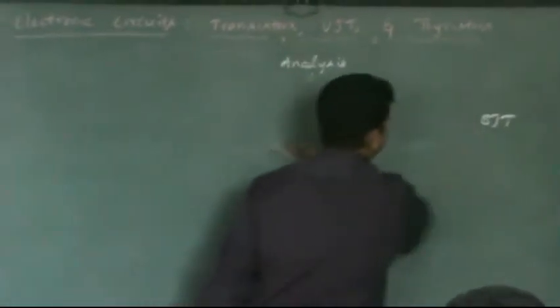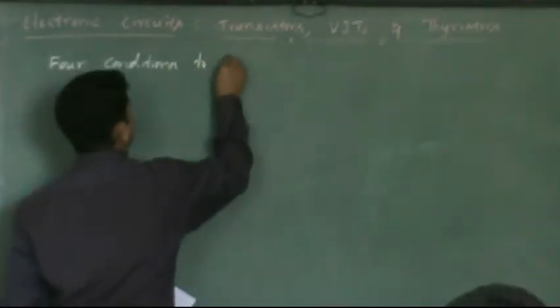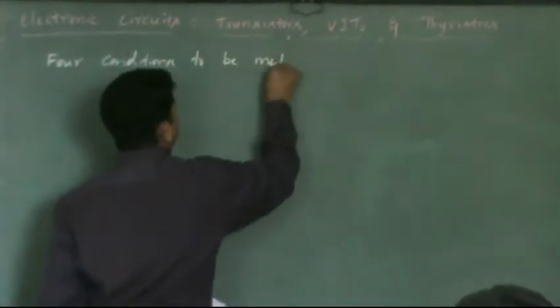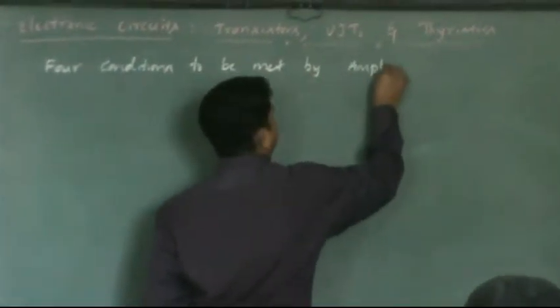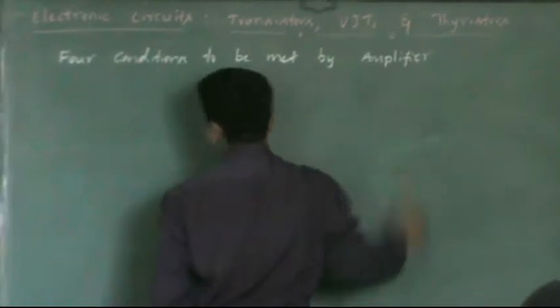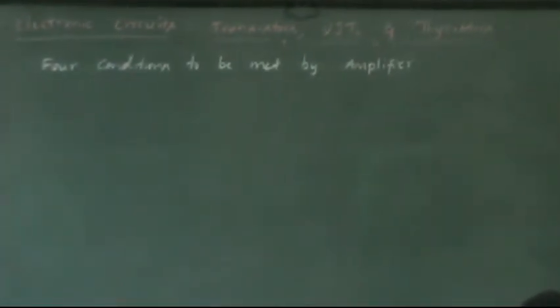This is what we considered in the last class. You can take it as 4 conditions to be met by the amplifier.